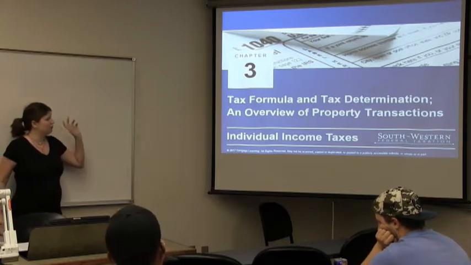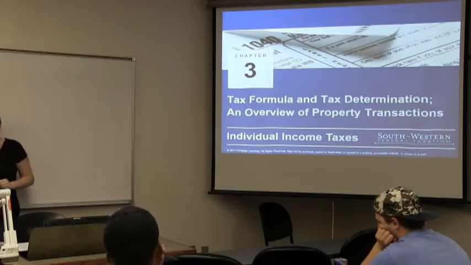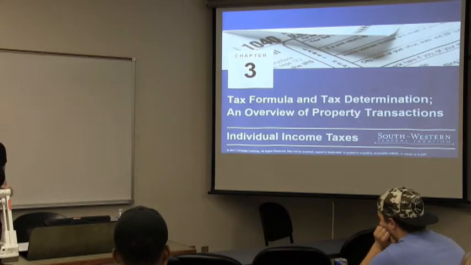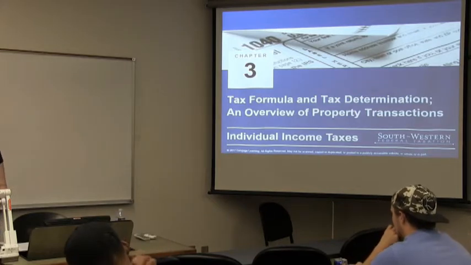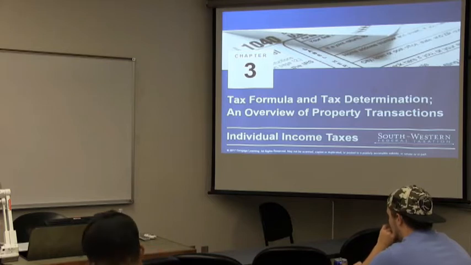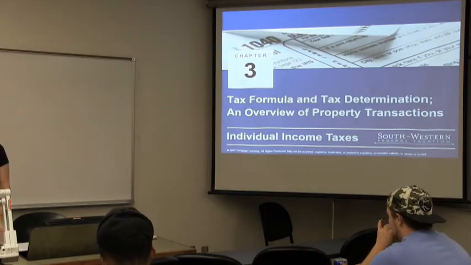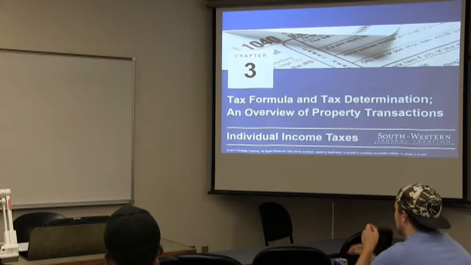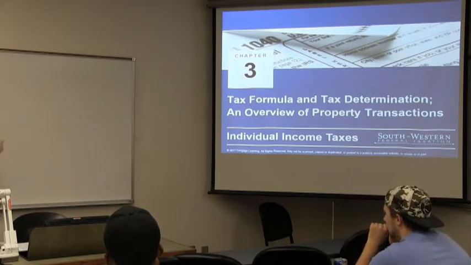And this chapter does one other thing. It basically lectures on some things that are not discussed anywhere else in the book. Kind of some hit and miss concepts that are important to know, but don't really have a nice place anywhere else. For example, we talk about tax rates in this class. We'll talk about the standard deduction.